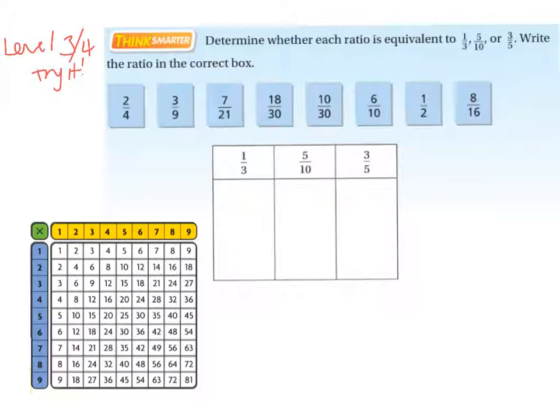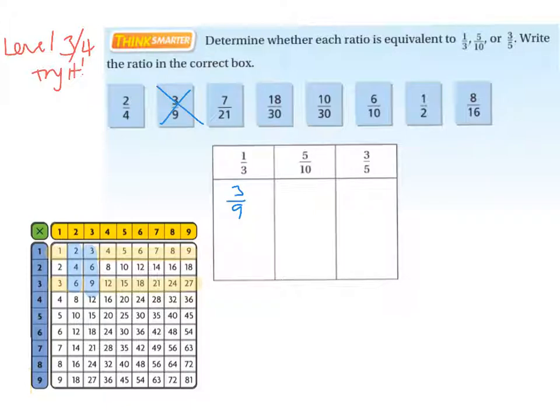So I'm going to start with 1/3. I'm going to come across 1 and 3. And then I'm going to look down here, and I'm looking to see if these match up in any of these. Do I have a 2, 6? Nope, no 2, 6. How about a 3, 9? Oh, there is a 3, 9. So I'm going to put 3/9 in 1/3 and cross it out.